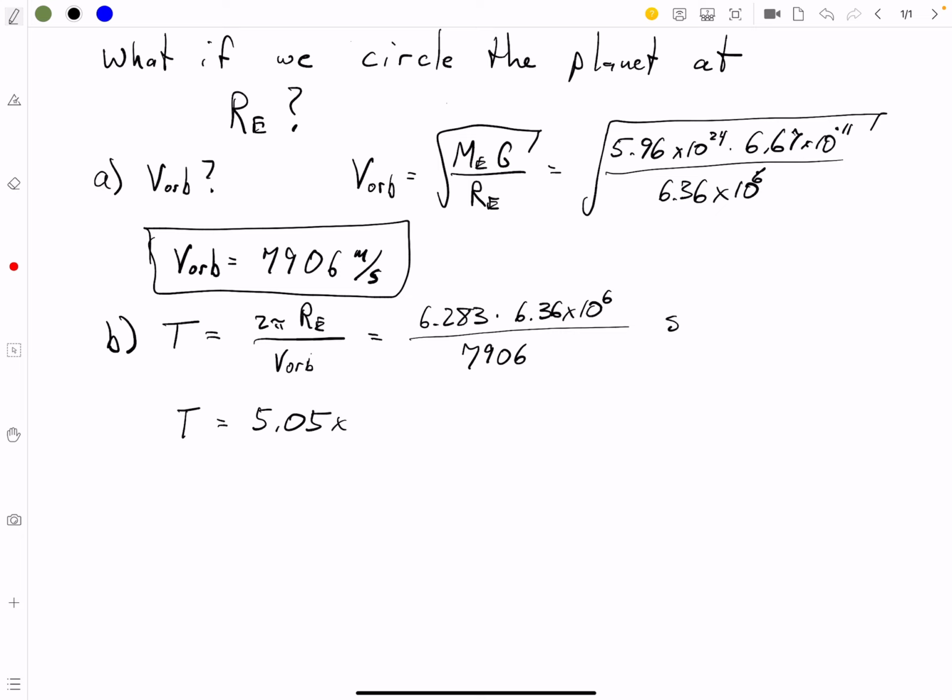5.05 times 10 to the 3 seconds. And all right, so that's meaningless to most people, but 1.4 hours, which is approximately 1 hour and 24 minutes, or a nice good long movie, 84 minutes.